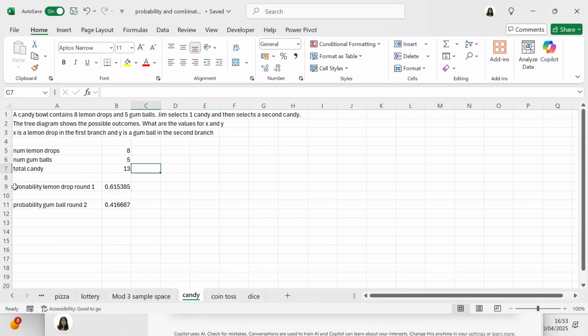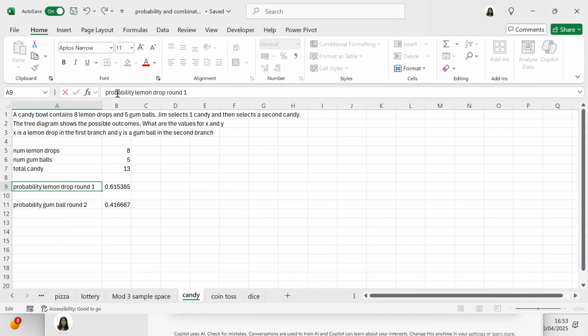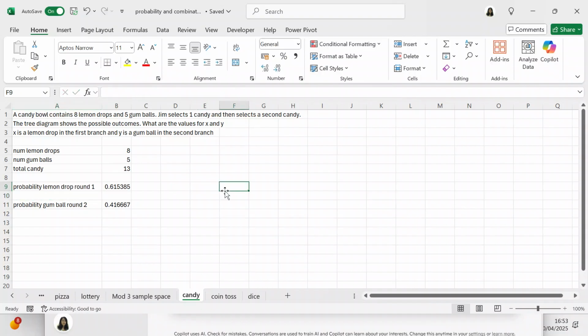So the probability, my thinking is much clearer than my typing. The probability of a lemon drop in round 1 is basically, the formula is B5 divided by B7. So that's going to be 61%, or 8 divided by 13.